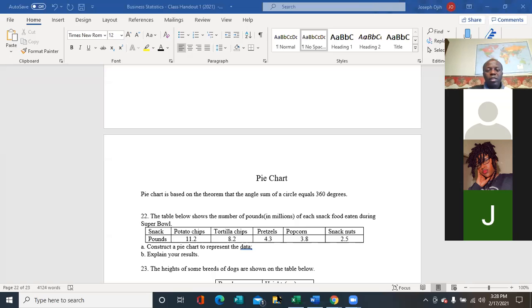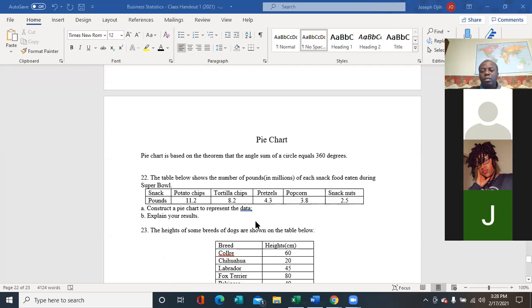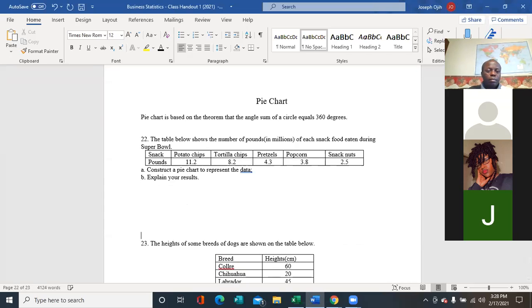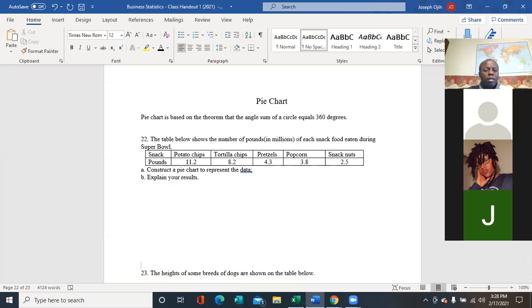Now, the size of each sector represents the frequencies. This example will help us to illustrate that. It says here that the table below shows the number of pounds, in millions of pounds, of each snack food eaten during the Super Bowl.